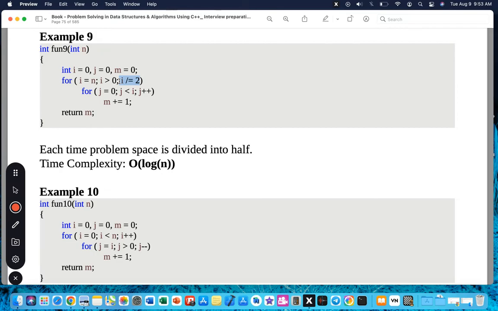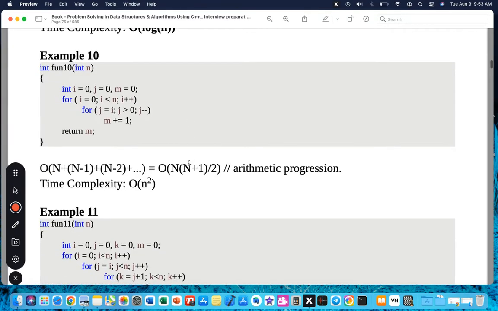So it's not increasing by 1, it's getting halved every iteration. All right. And this is a regular one. So this is called log n. Each time the problem space is divided into half. So this is called log. All right.